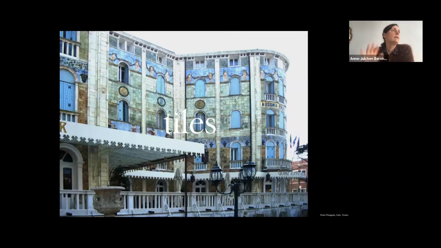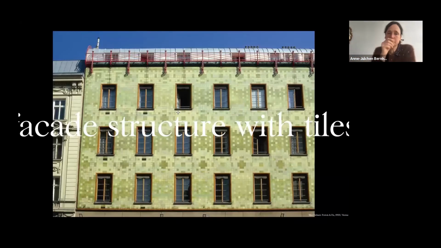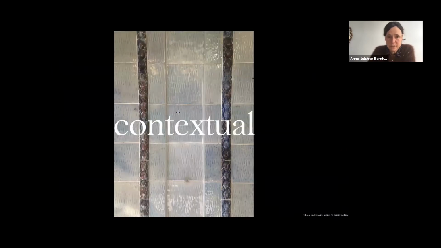And then there is also the super Fin de Siècle material, tiles, which are able to talk about a classic order of the facade in the different zones, like in this Max Fabiani facade.